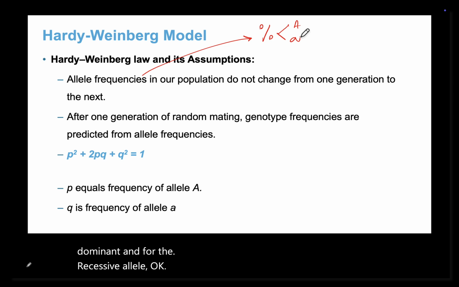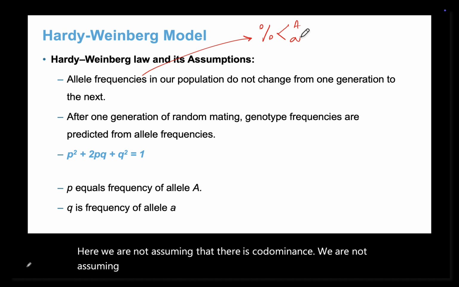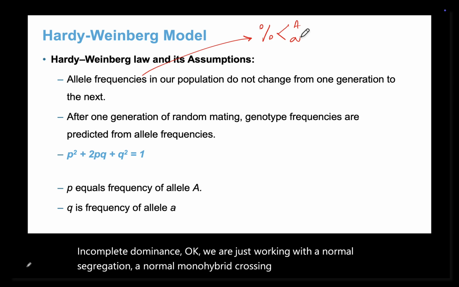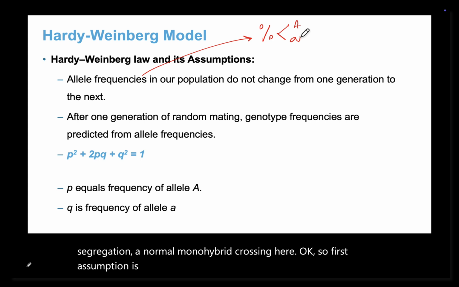Here, we are not assuming codominance. We are not assuming multiple alleles. We are not assuming incomplete dominance, okay? We are just working with a normal segregation, a normal monohybrid crossing here. So, first assumption is that the allele frequencies do not change from one generation to the other.